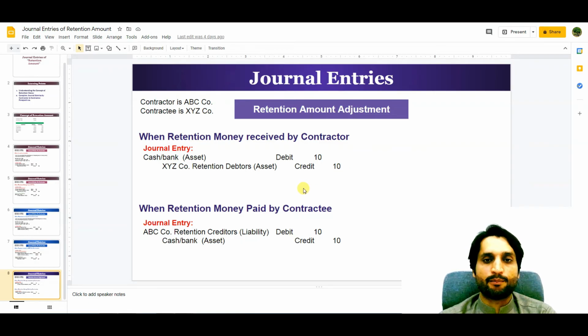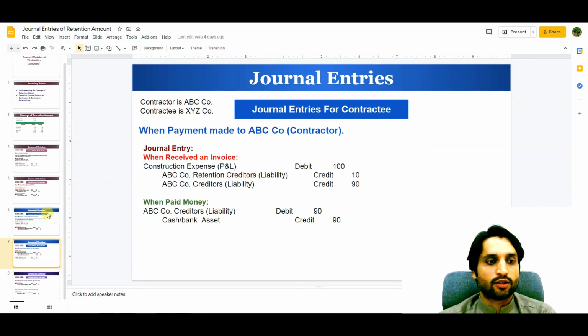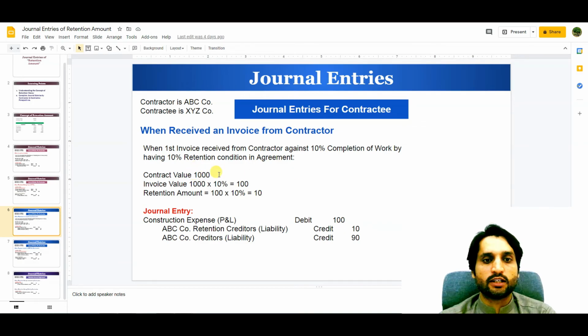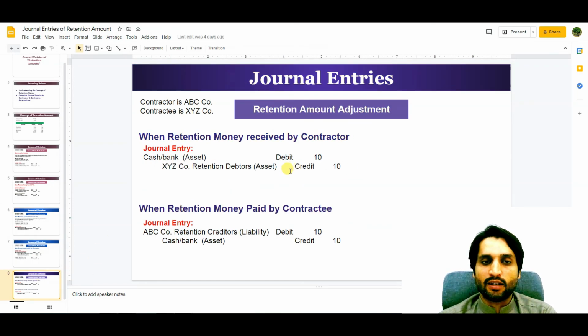This is our example. Actually, at the end of the agreement, there will be a retention amount: the total contract value is 1000, so if we take 10% of 1000, $100 will be the retention amount. Here, this is just an example, so I put $10 as the retention received by the contractor from the contractee.